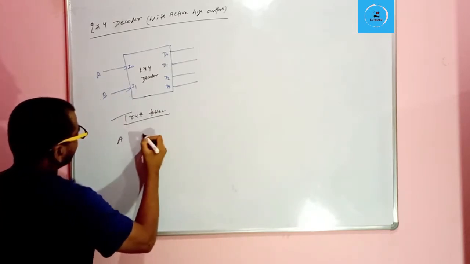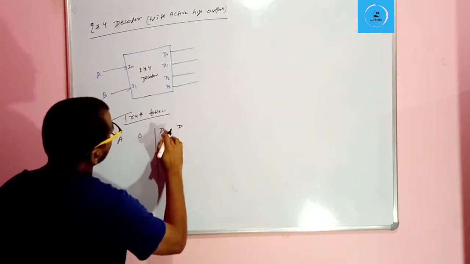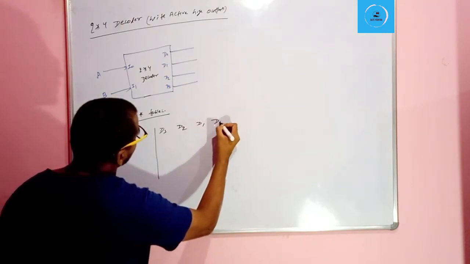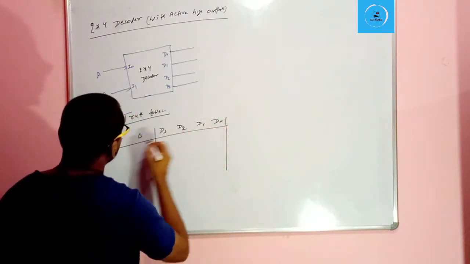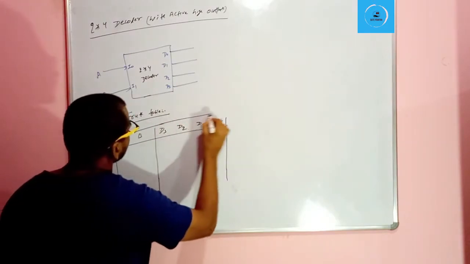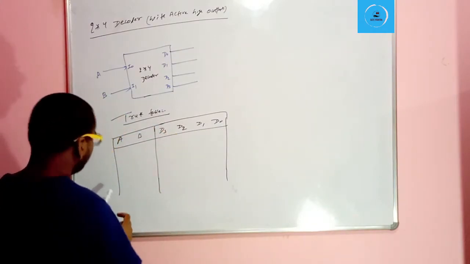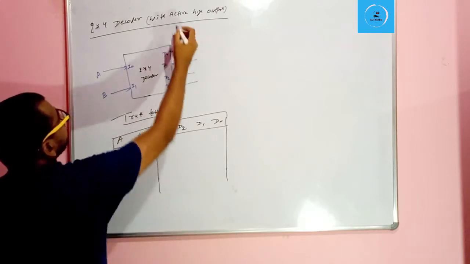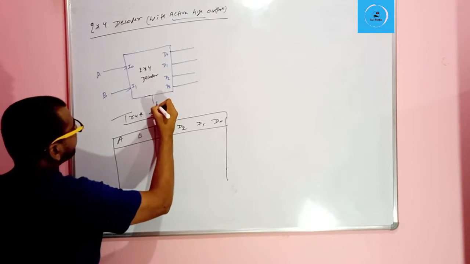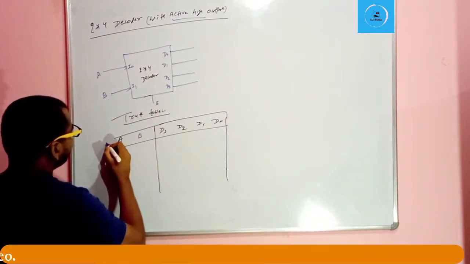There will be 2 inputs A and B, and there will be 4 outputs D3, D2, D1, and D0. And because it is the active high 2 to 4 decoder, there is also an enable signal E.